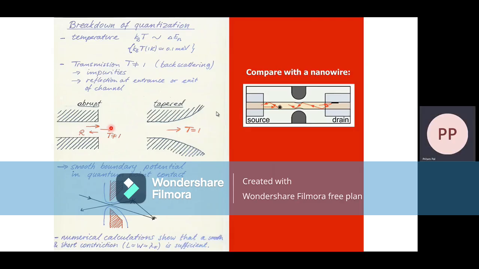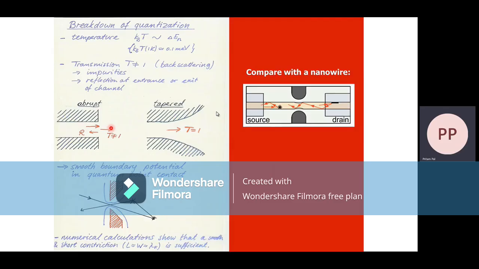In this case, it can also be shown that the conductance can be enhanced if an electron that was supposed to be reflected off the wall scatters into the constriction. For example, if it bounces many times back and forth, and so on.